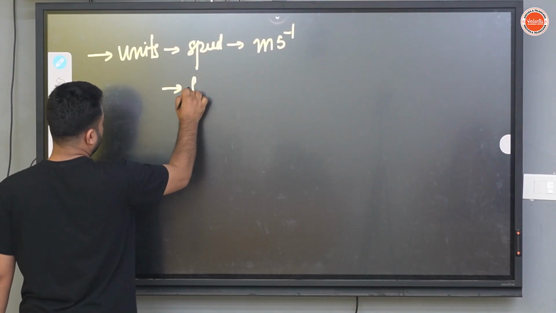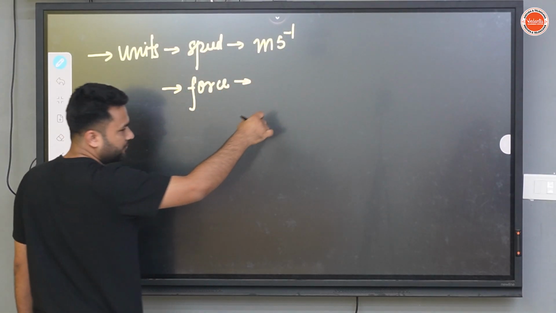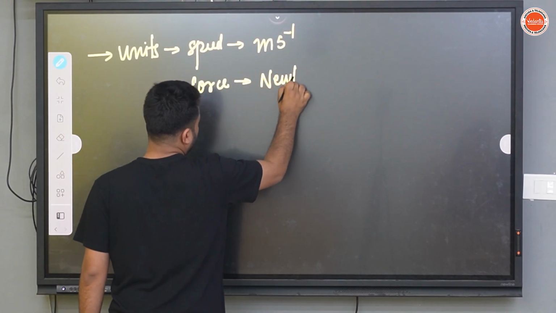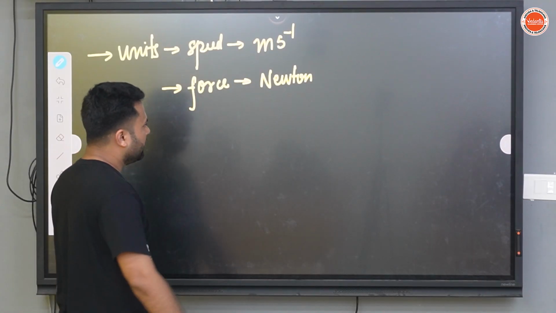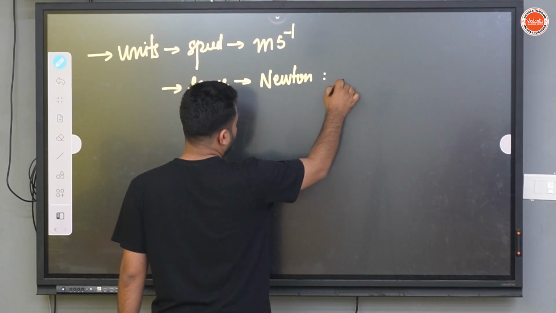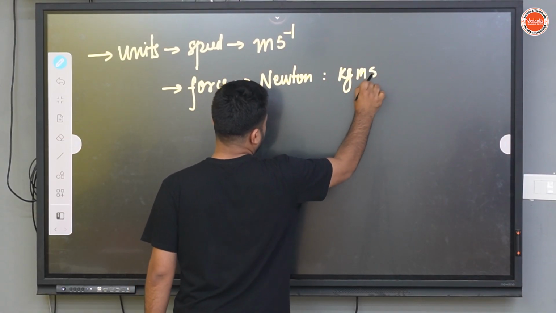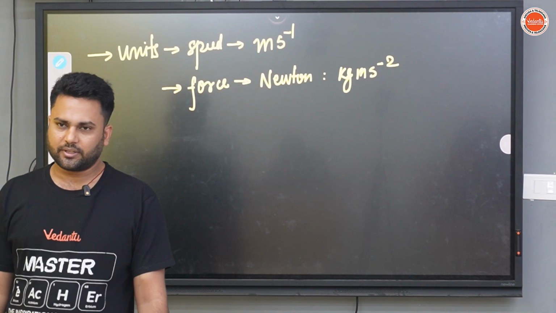Like force, the unit is Newton. And force is what? Mass into acceleration. So we can write mass, that is kg, acceleration, that is meter per second square. We can write like this also. Correct.